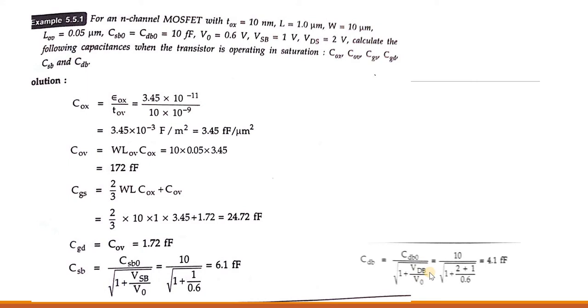VDB directly is not given. So VDB is nothing but VDS plus VSB. VDS is given, VSB is also given. So VDB is 2 plus 1, divided by V naught. V naught is 0.6. When you substitute all this, you will get the answer as 4.1 femtofarad.